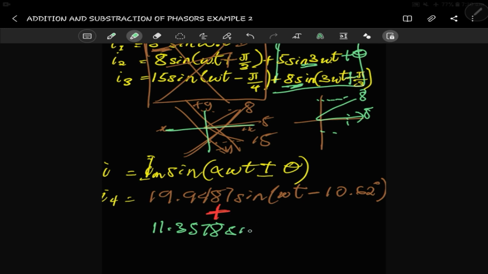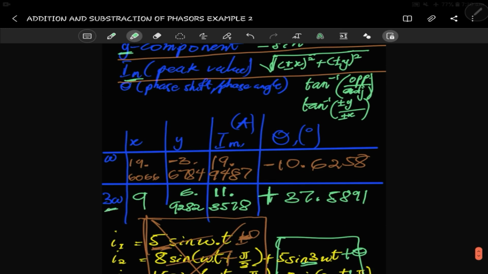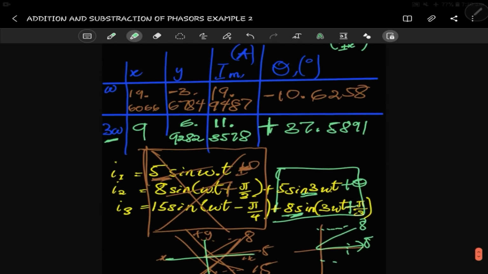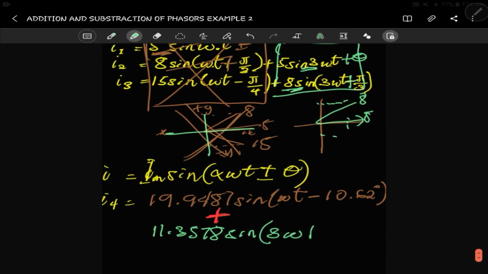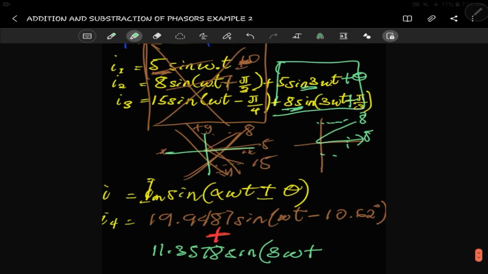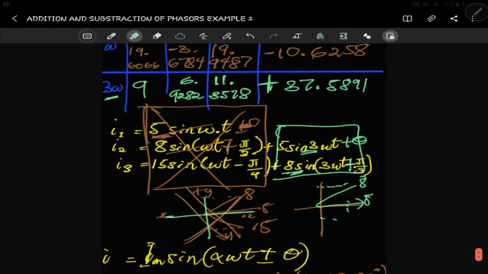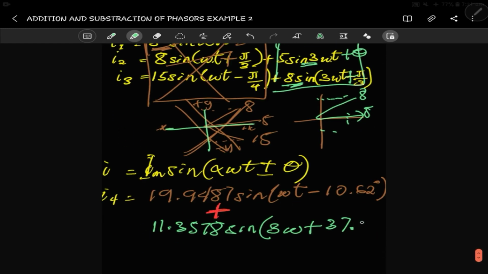For that one, the frequency is 3W, the angular frequency, right? And then the phase angle is plus, leading, so plus 37.5891, about 38 degrees.